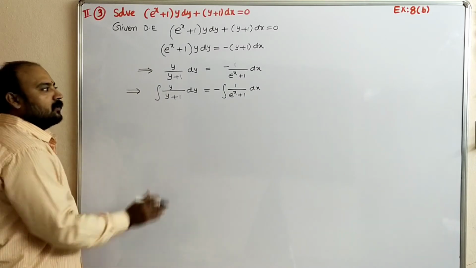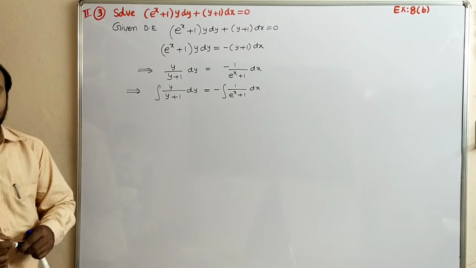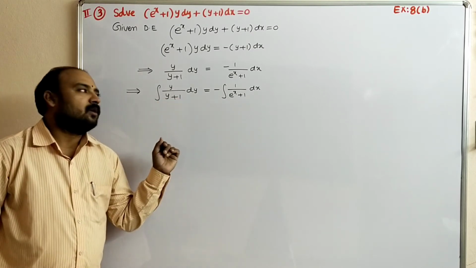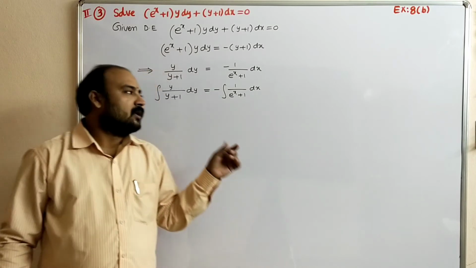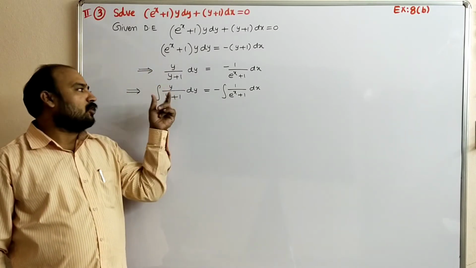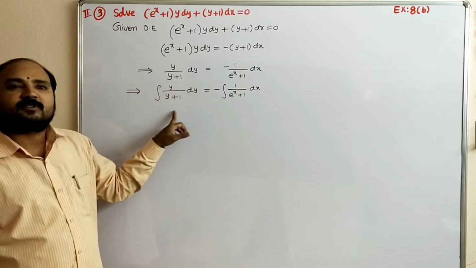After that, how to get this integral? Integral y by y plus 1 into dy, and here also 1 by e power x plus 1 into dx. See here, whenever y is there in the numerator and y plus 1 is in the denominator, make the numerator in terms of the denominator.